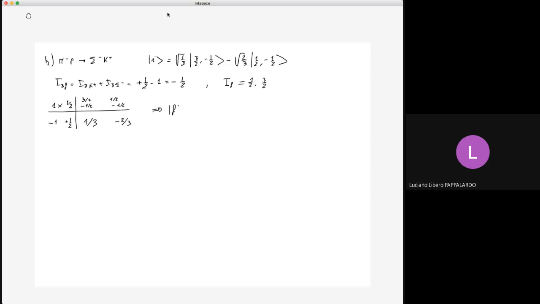And so we can write down easily the final state isospin wave function as square root of 1/3, |3/2, minus 1/2>, minus square root of 2/3, |1/2, minus 1/2>. And so we can now compute our cross-section for the pi minus proton into sigma minus K plus, which is proportional to, as usual, <f|H|i> squared. So we substitute.